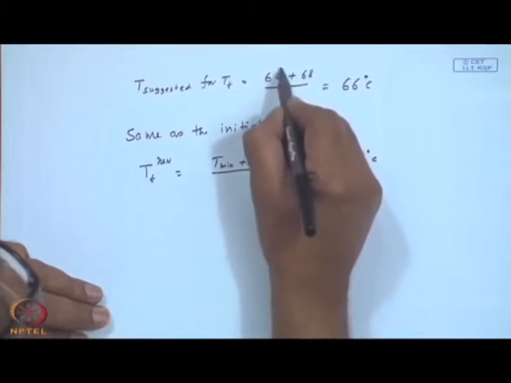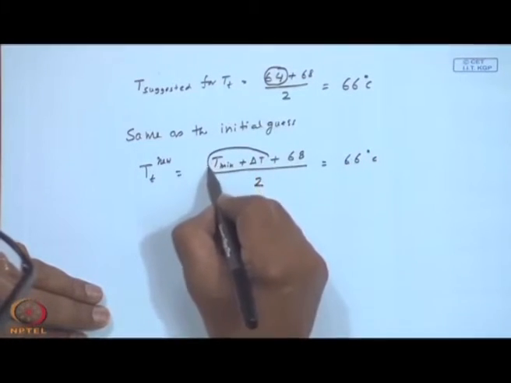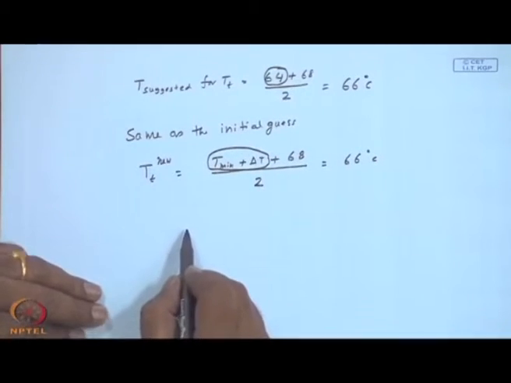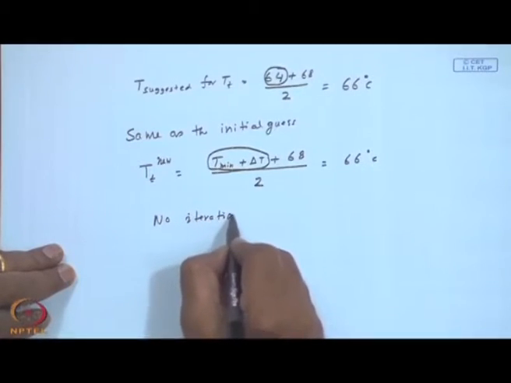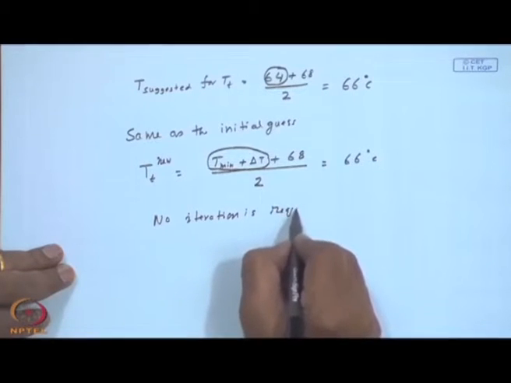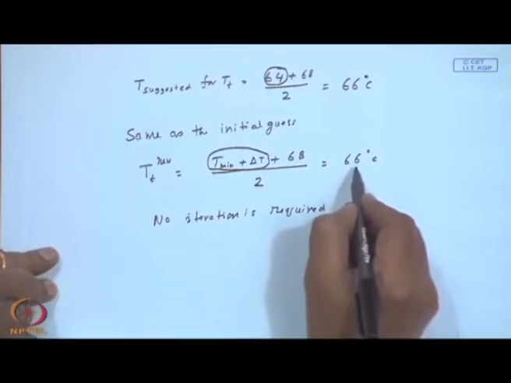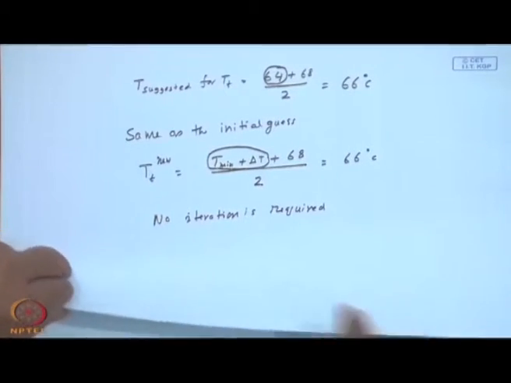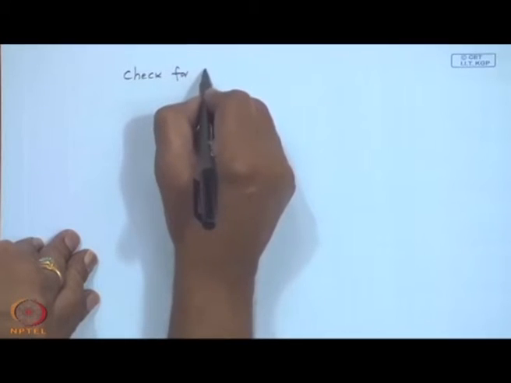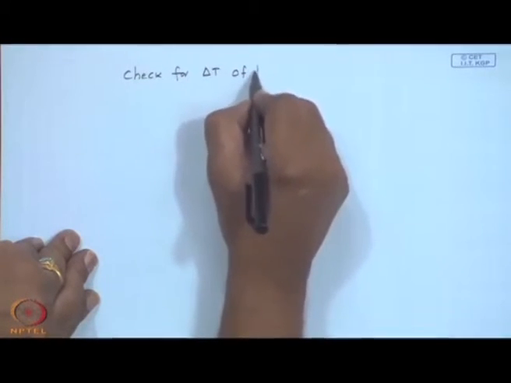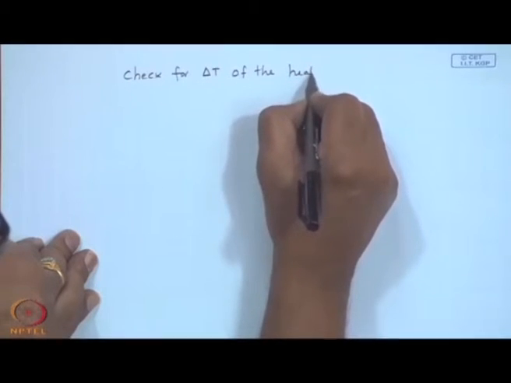So, what I want to say is this 64 is comprising of T minimum plus delta T. So, no iteration is required. Otherwise, with this number you restart and recalculate, and check for delta T of the heat exchanger.